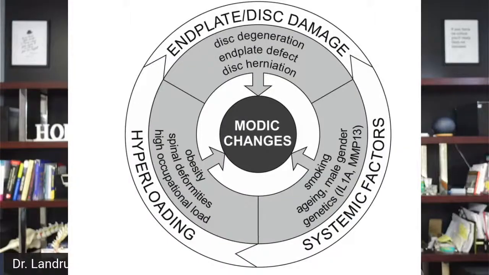And so when we talk about risk factors, these are some of them that can play a role. If you look in the center, you have modic changes listed, M-O-D-I-C, right? That's how you spell it. And you can see different things that cause it. As you can see, this pie is broken up into 3 different parts. One talks about the end plate that I just talked about and disc damage.